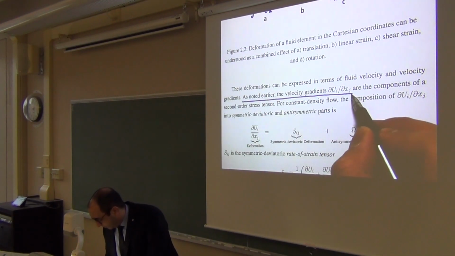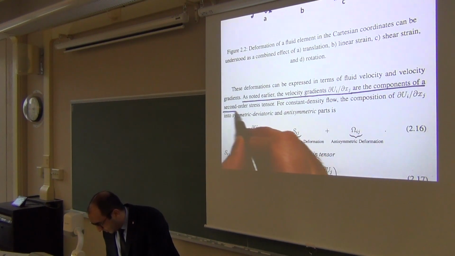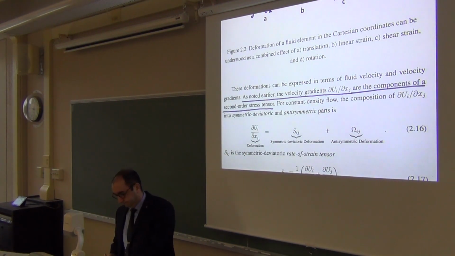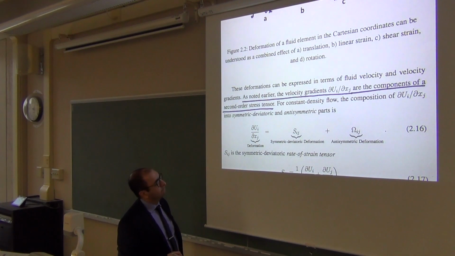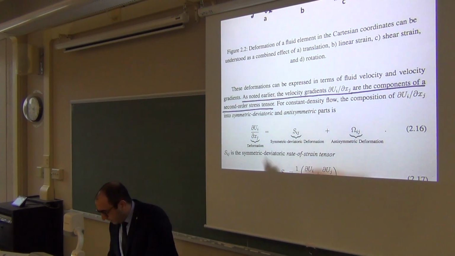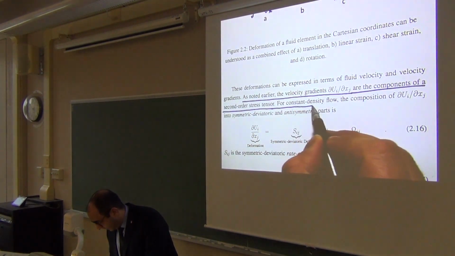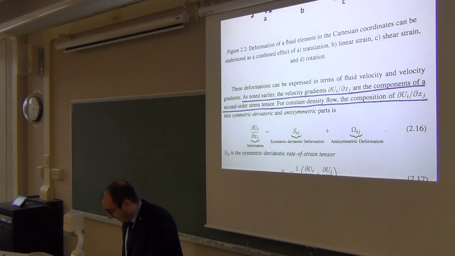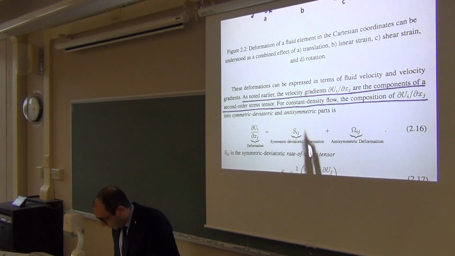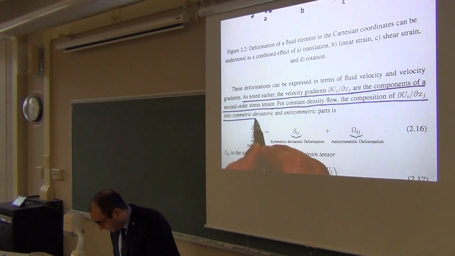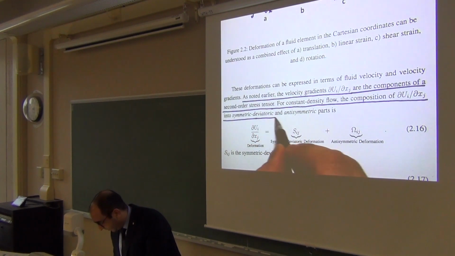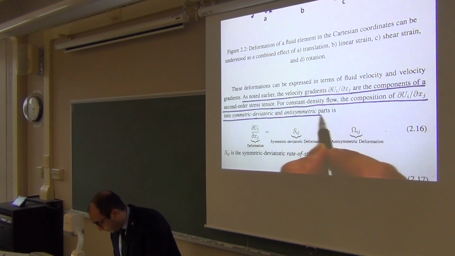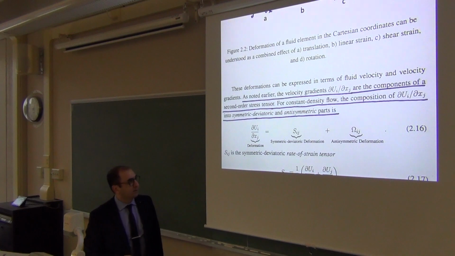So these are components of a second order tensor. For constant density flow, the decomposition of these velocity gradients is possible into symmetric, deviatoric, and antisymmetric parts.